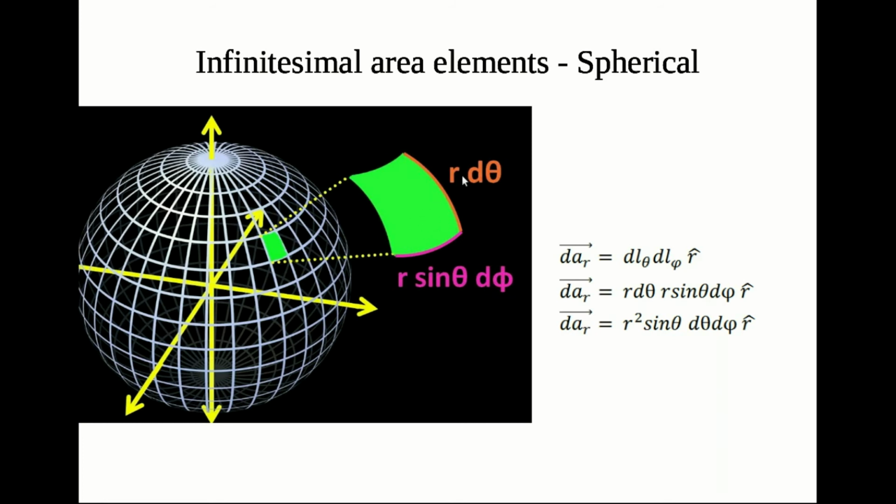R cap is the direction of this patch, which will be perpendicular to this patch. This is what we have already got. Now we have to find the other two area elements, dA theta and dA phi.